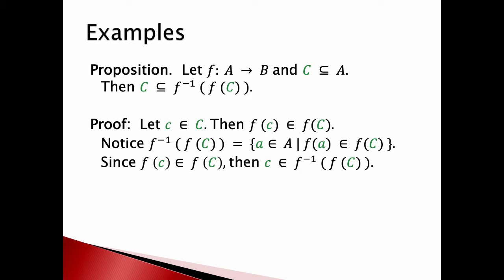Other things might have got mapped onto f of c also. For example, if my function had been x squared, and suppose my c had been 2, what happens to 2? Well, f comes along, finds the 2, and says, you need to be squared. So f of 2 becomes 2 squared, which is 4.